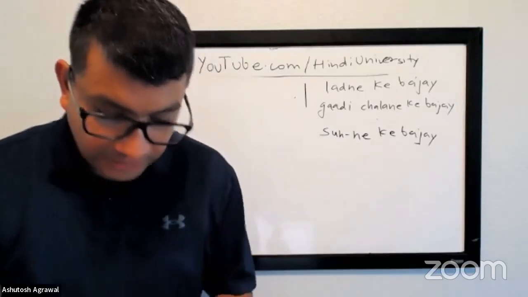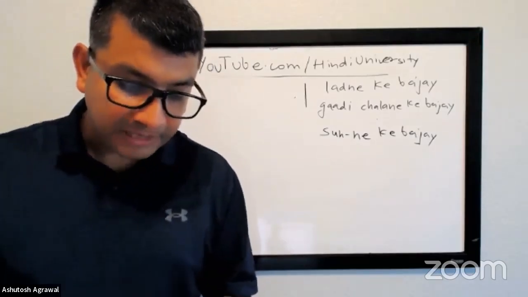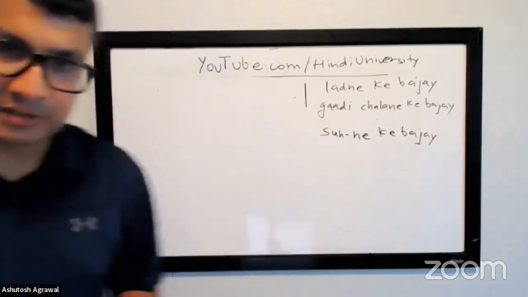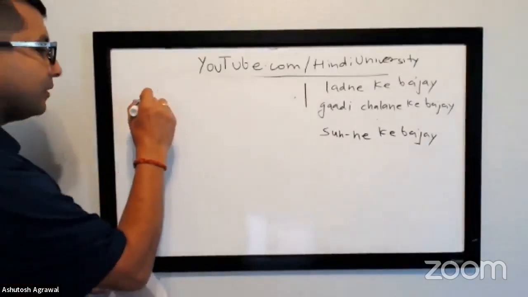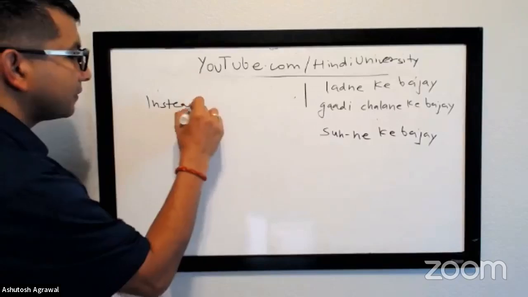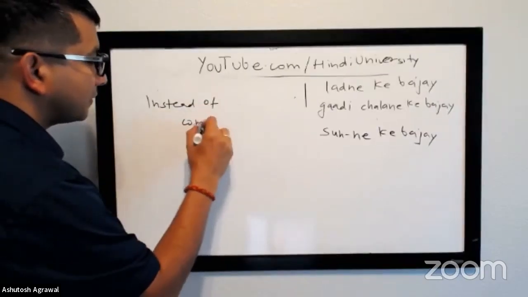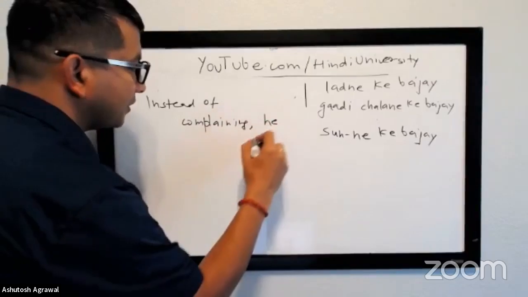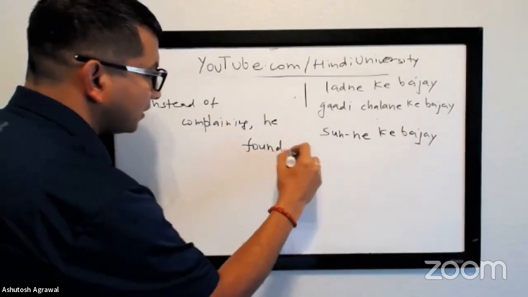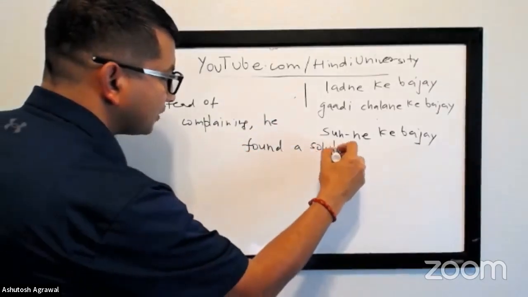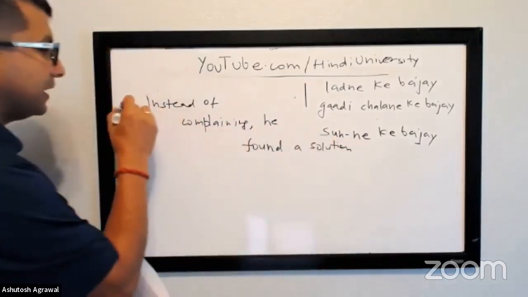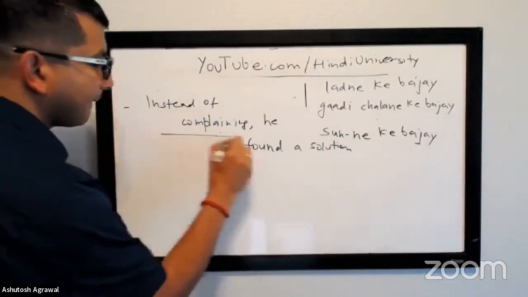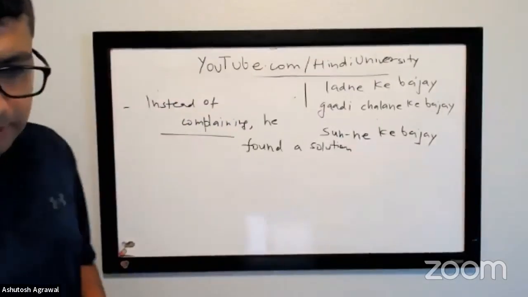So let's say you have a sentence: instead of complaining, he found the solution. So slightly harder one, right? Instead of complaining, he found a solution. Instead of complaining, I want all of you to try it out.